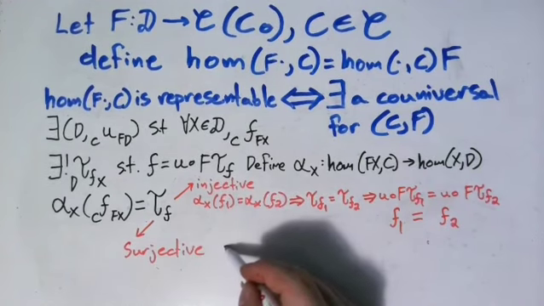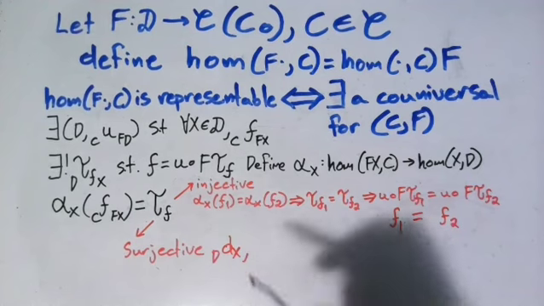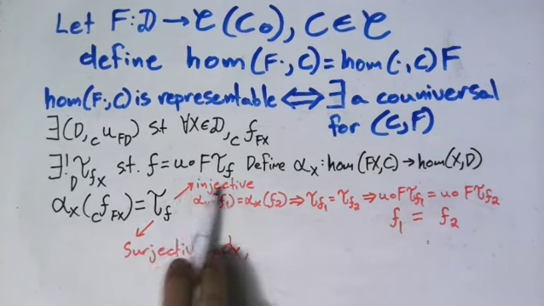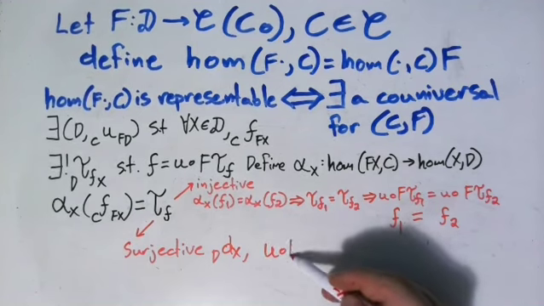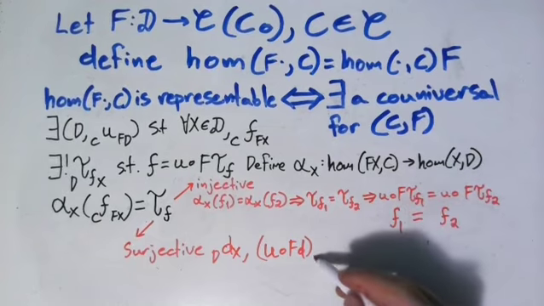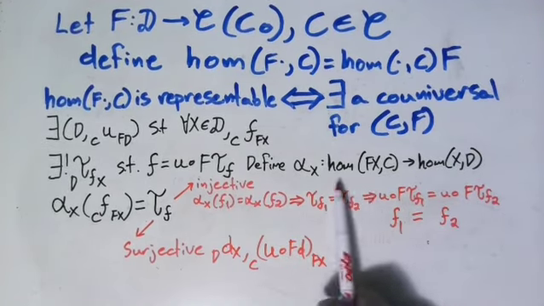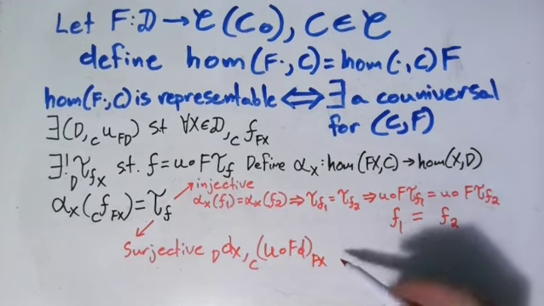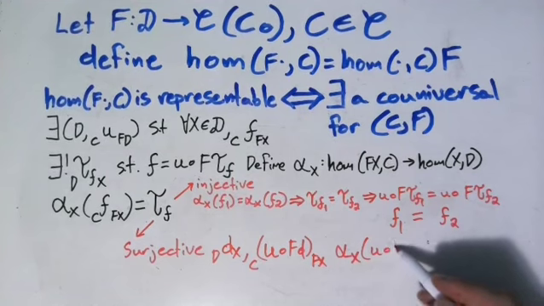So take some d from x to D, then using the right-hand side of our equation here, u after F d, what's that going to go from? F of x into c. But if that's the case, then it's in this Hom set, which is the domain of alpha x. So we can apply alpha x to u after F d.